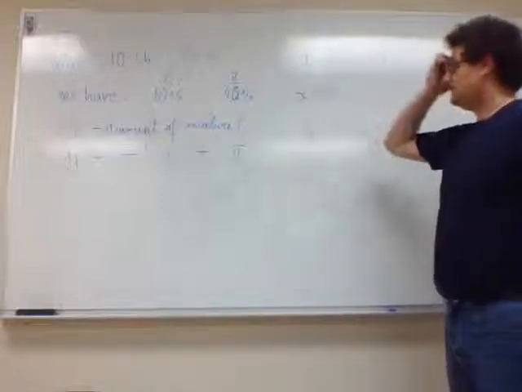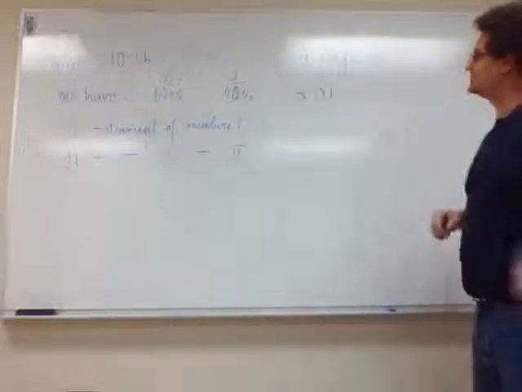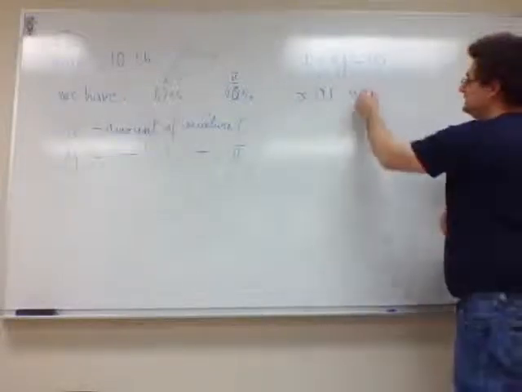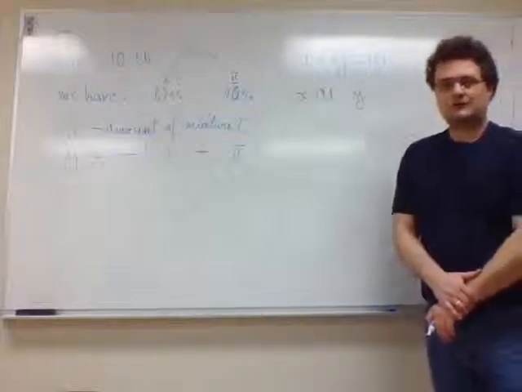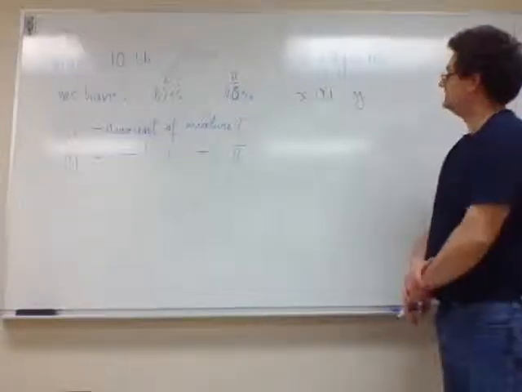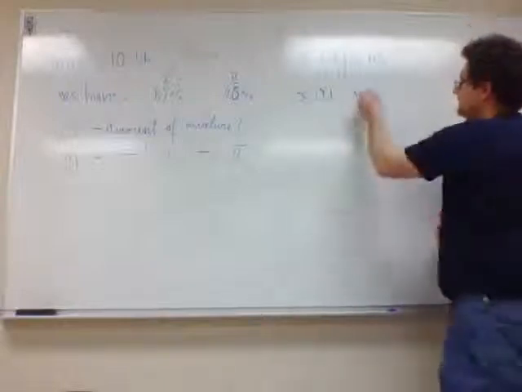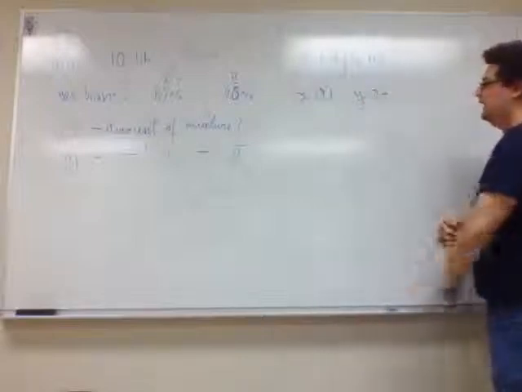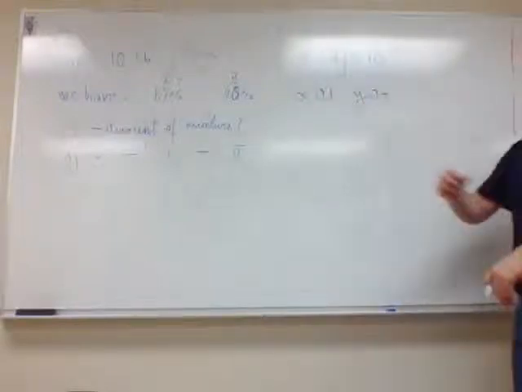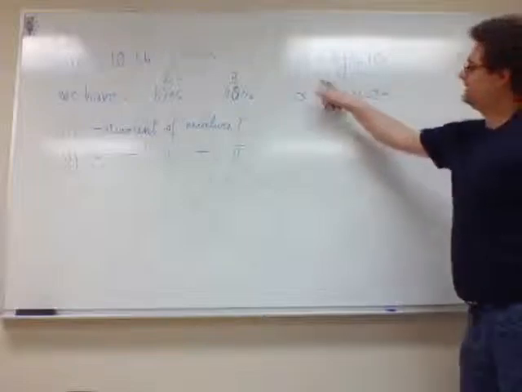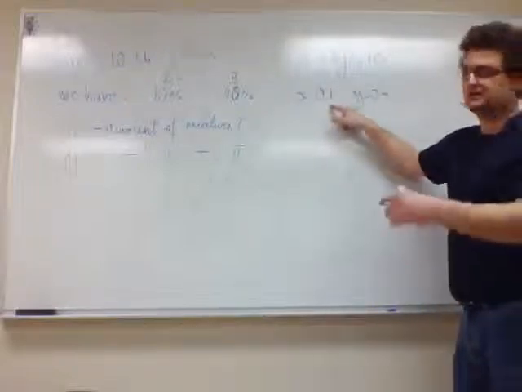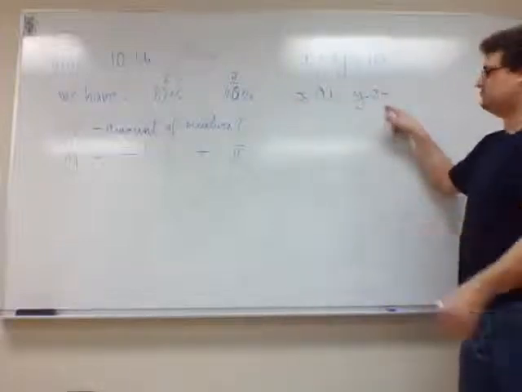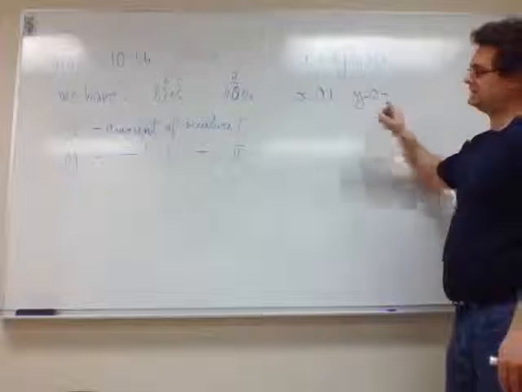Now, what about the other mixture? Well, if you have Y pounds of mixture 2, the total amount of peanuts that you have in Y pounds of mixture 2 is actually Y times 40%, and 40% is 0.4. So you have this amount of peanuts, which is the contribution of the first mixture, and this amount of peanuts, which is the contribution of the second mixture.